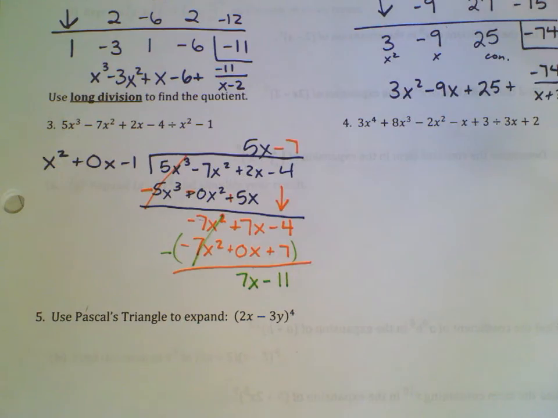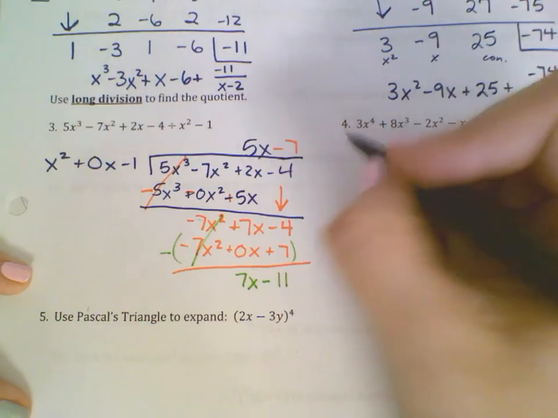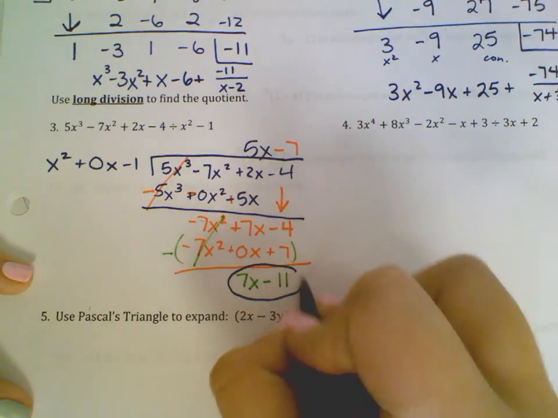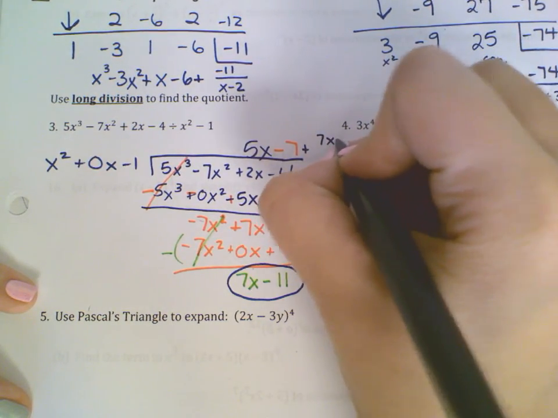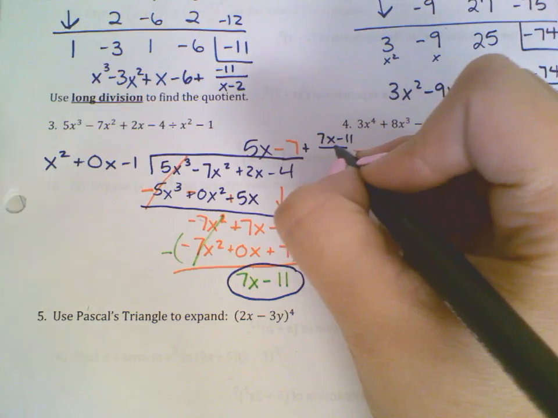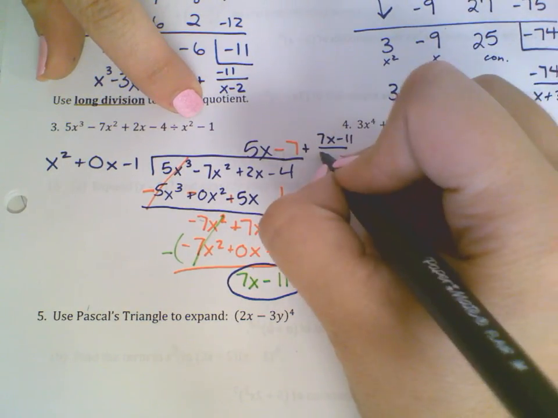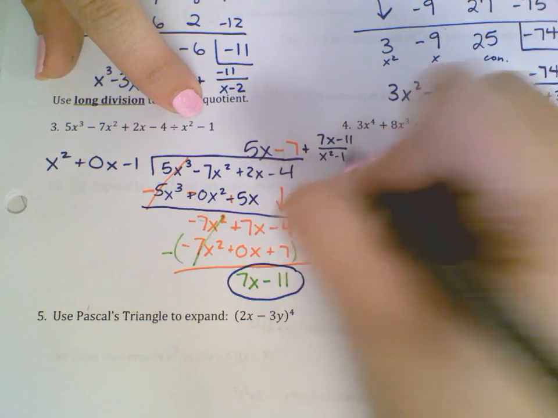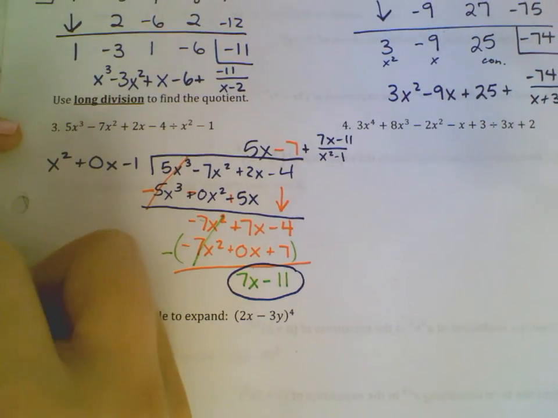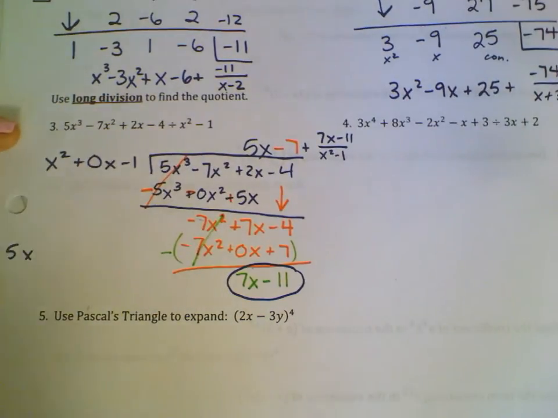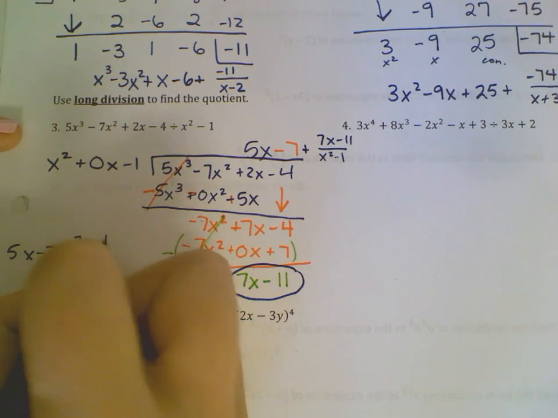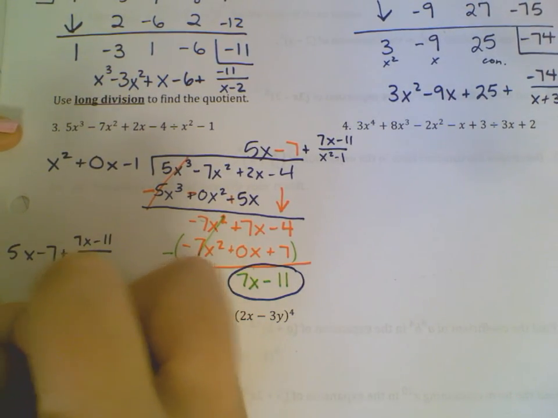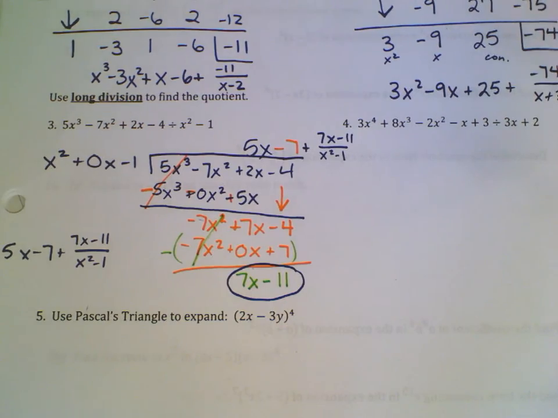That is our final term. So this is like the remainder. I'll say plus 7x minus 11 over x squared minus 1. So your final answer again is 5x minus 7 plus 7x minus 11 over x squared minus 1. And that's your final answer. You don't have to go any farther than that.